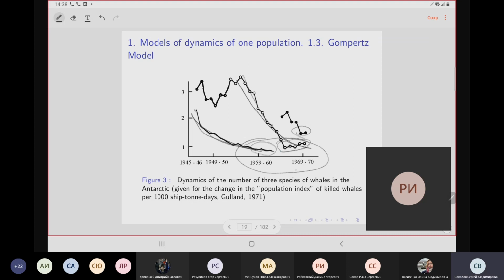I have no idea what it is now, because it is 50-year-old statistics. Maybe they decreased to zero. Maybe they stabilized with no impact of human hunting. So in real life, both situations can exist. The population can vanish, and the population can stabilize. So we are going to elaborate a model with both of these situations.